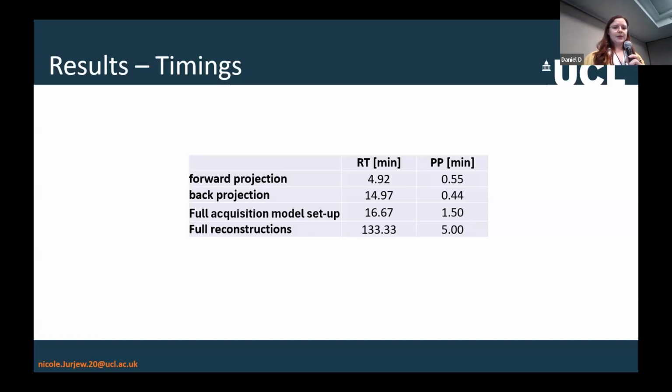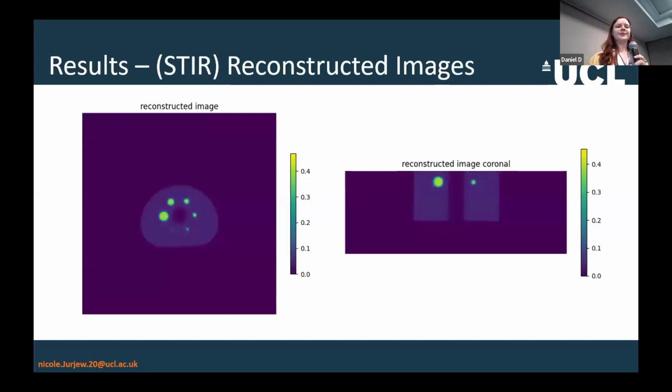What we then also did is that I thought it would be good to show you reconstructed images as well. Looks like it works. They are artifact-free.